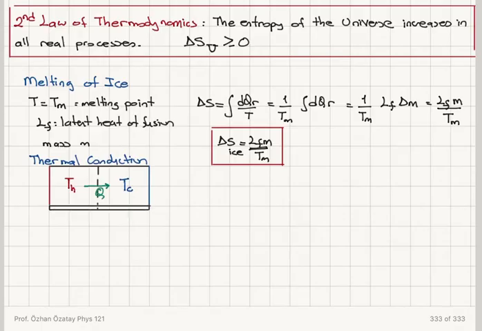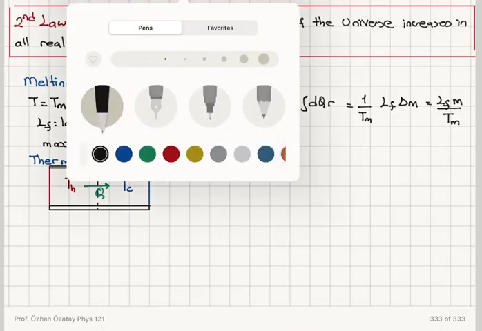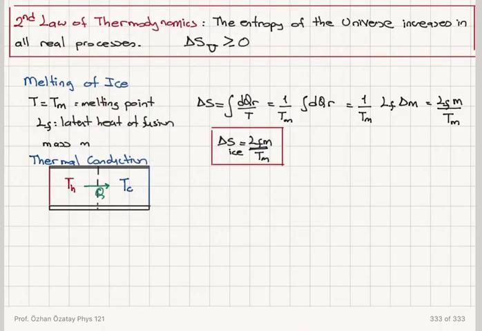I have thermal isolation, except that at one point one side is connected to a hot reservoir and the other side is connected to a cold reservoir.